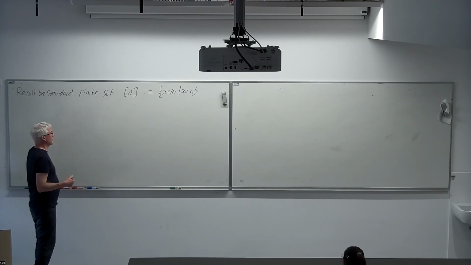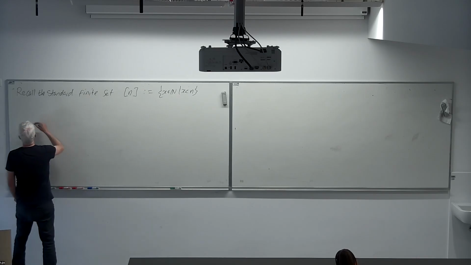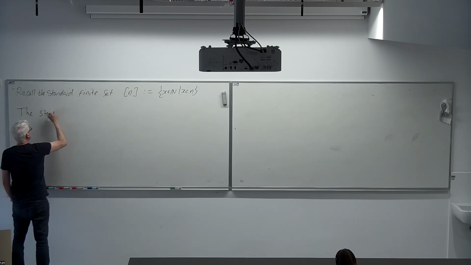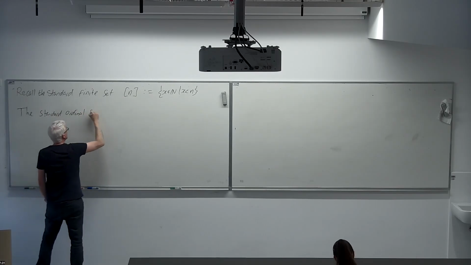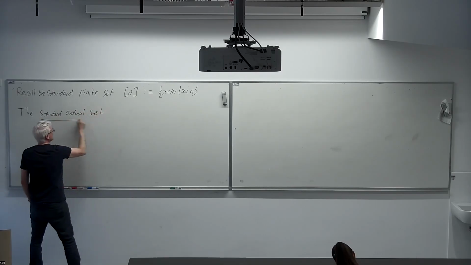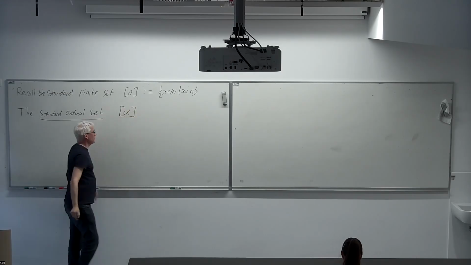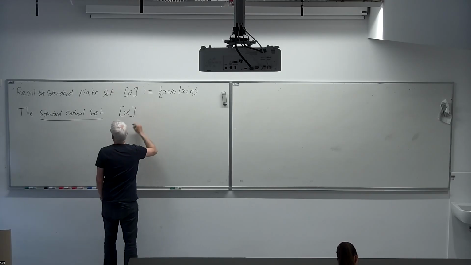There's not going to be such associated cardinalities here, but a similar definition makes sense for an ordinal. So we're going to define the standard ordinal set. We use the same notation, square brackets alpha.